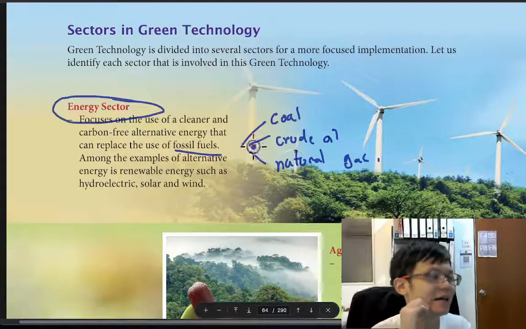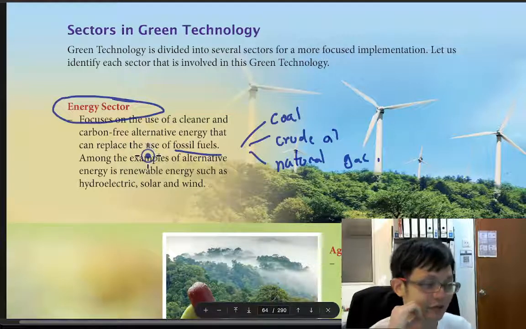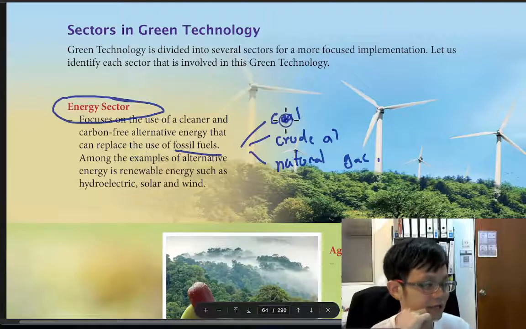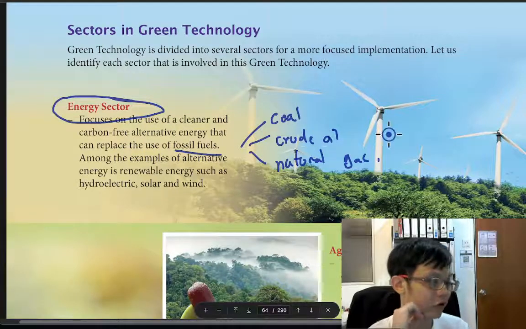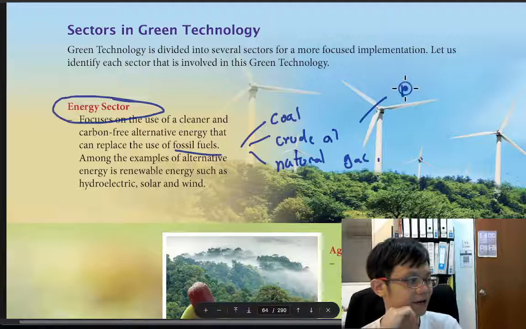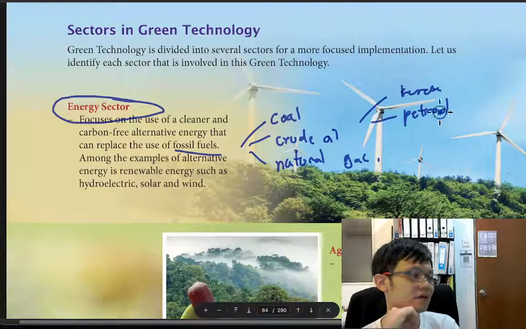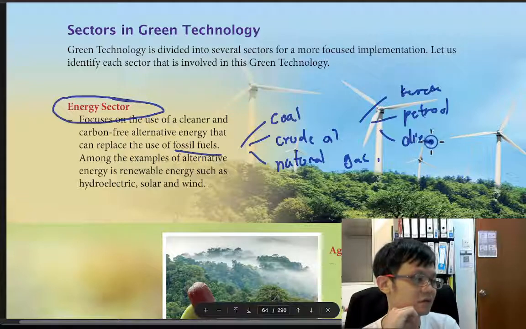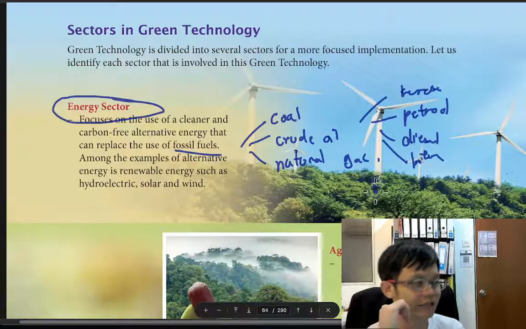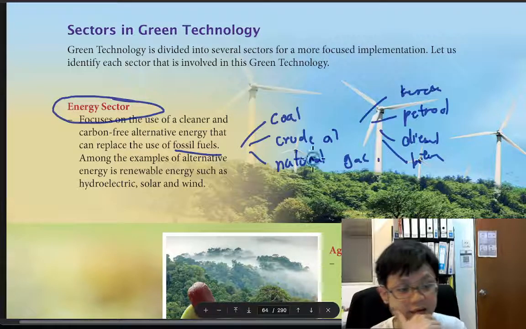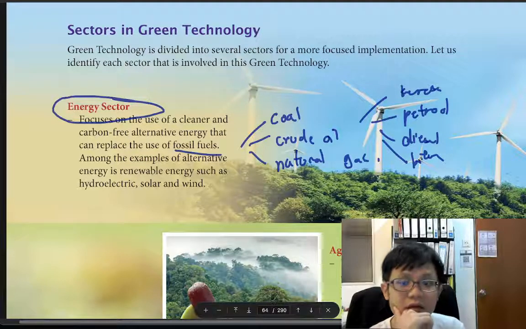I'm scared the exam asks, because the exam might ask what is the fossil fuel. So you can write coal, crude oil. Crude oil means your kerosene, your car petrol, diesel, bitumen, and so on. Natural gas, you know, you're cooking natural gas, and the coal is the other one.